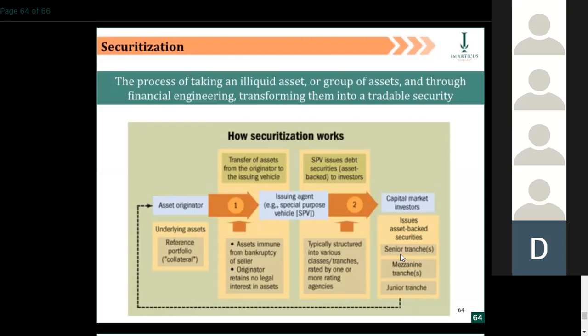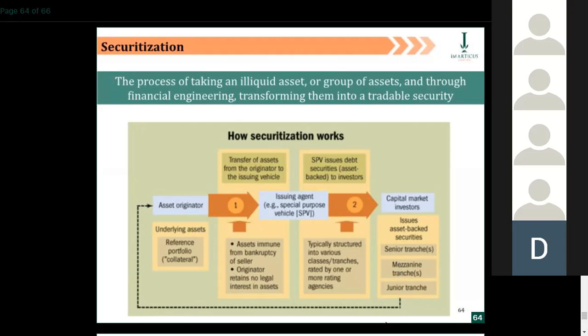To understand this, the senior tranche is the safest of these three. When I say safest, it means the credit rating is good on the senior tranche compared to the other two tranches. So chances of default are less for the senior tranche compared to the mezzanine tranche, and similarly, the mezzanine tranche is less likely to default compared to the junior tranche.